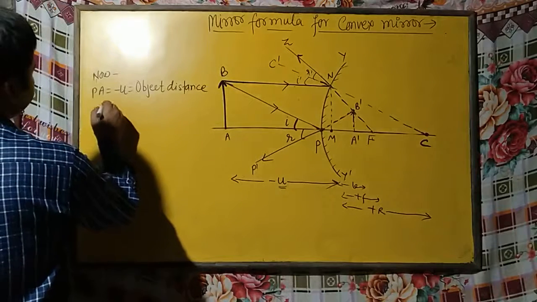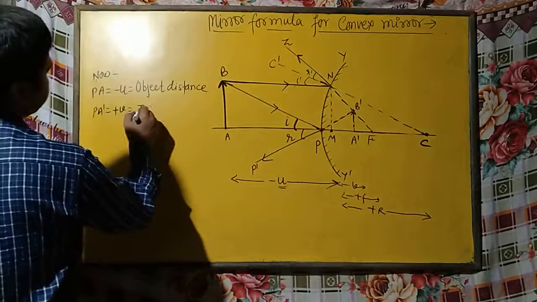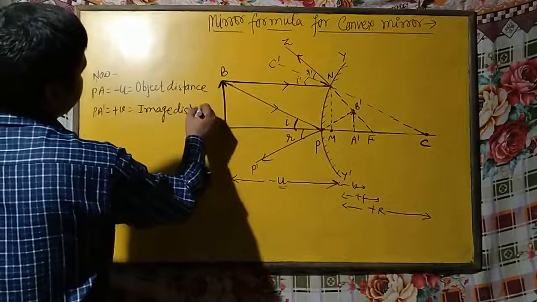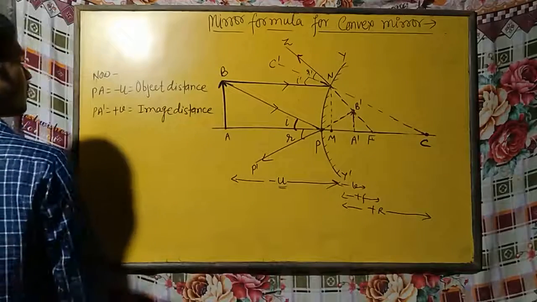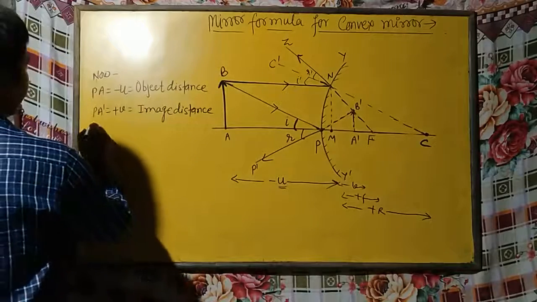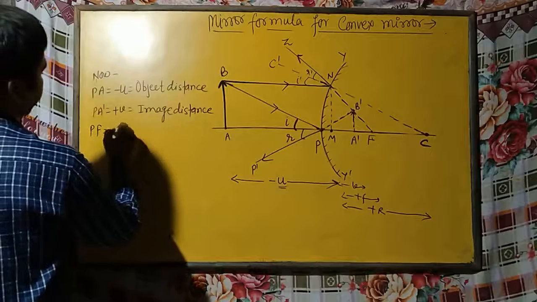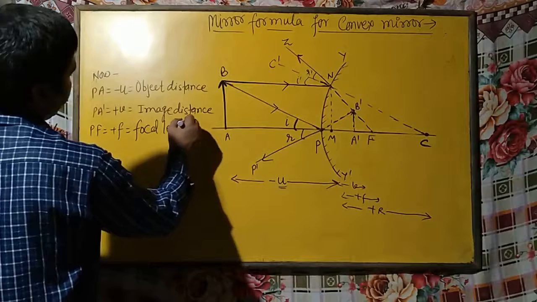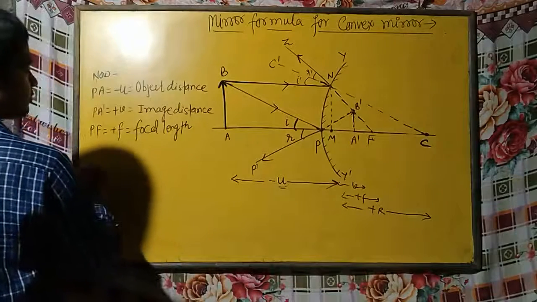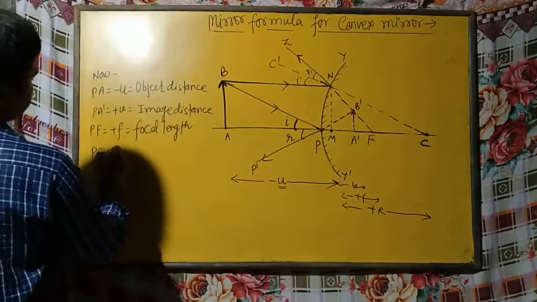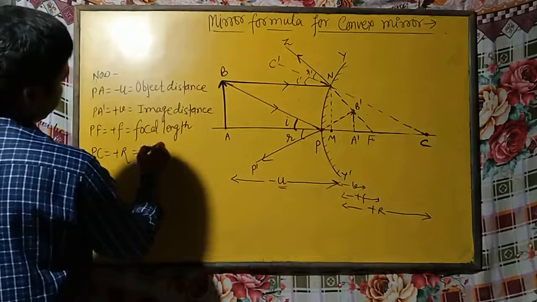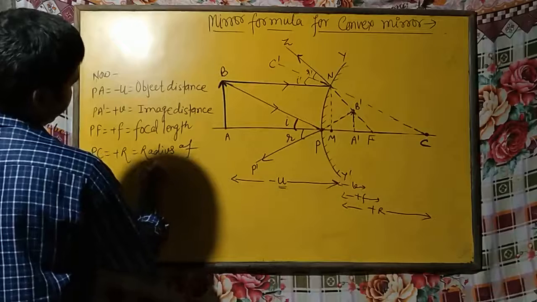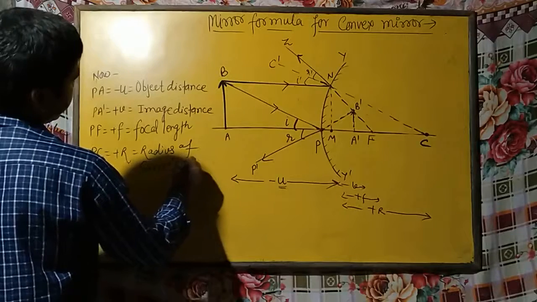PA' is the image distance, PF is the focal length, and PC is the radius of curvature.